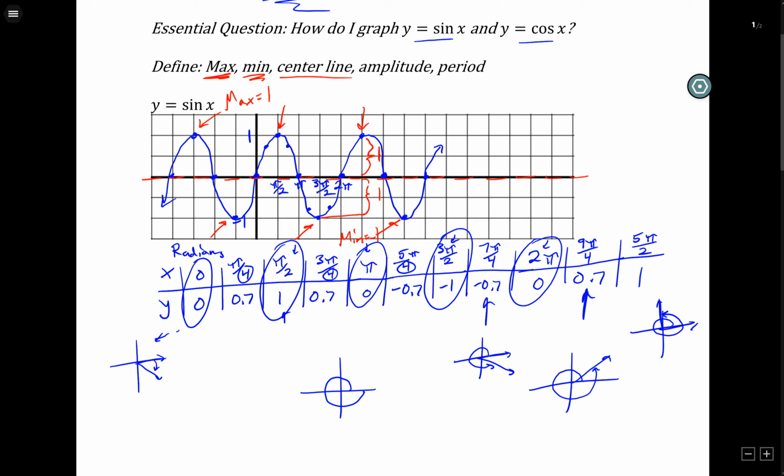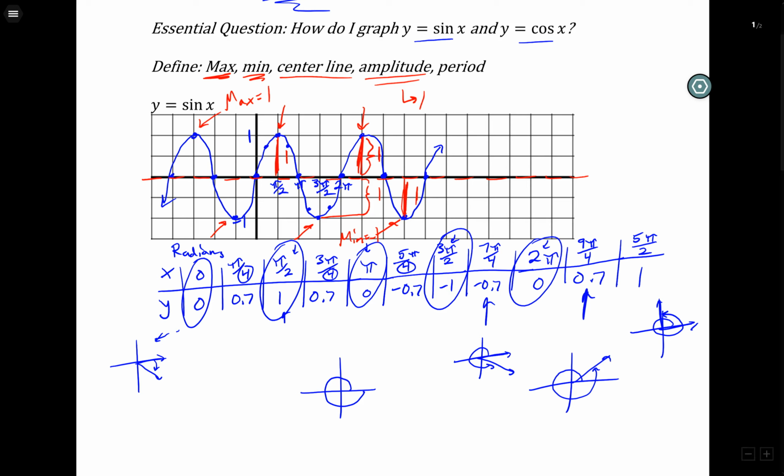And we call this distance from the center line up to the top the amplitude. So in this case, the amplitude is also 1. Why? Because from the center line down to the minimum, it's 1, and from the center line up to the top, it's also 1. So the amplitude is 1. And amplitude is something you may have learned about before with radio waves.